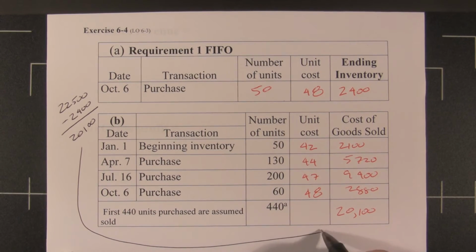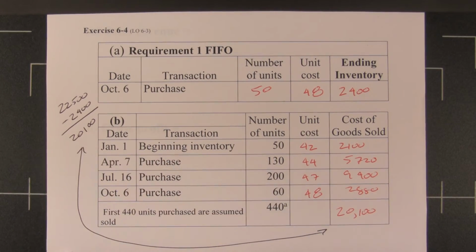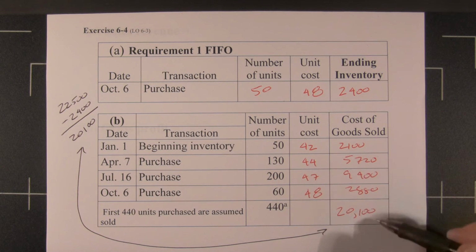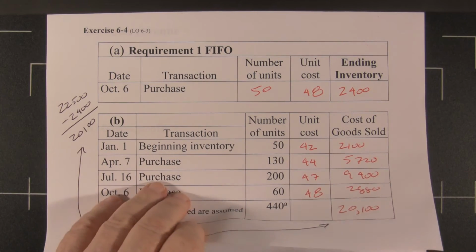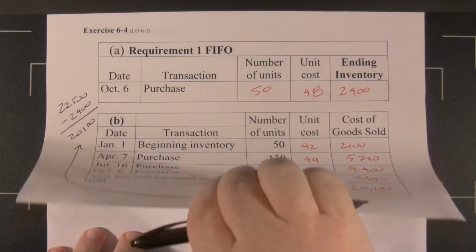I just think that's a whole lot easier than doing this. If you want to do it that way, go for it. I just think my way is easier. The other disadvantage of doing it this way is you're assuming that every unit you don't have was sold. What about cost of goods stolen? That happens too.